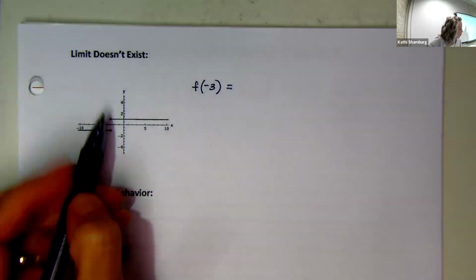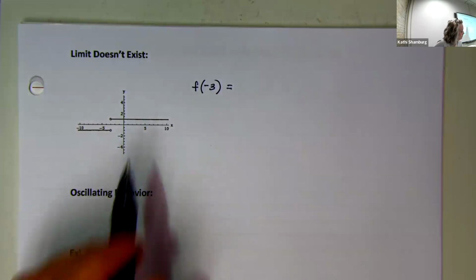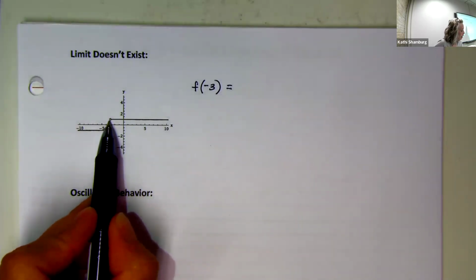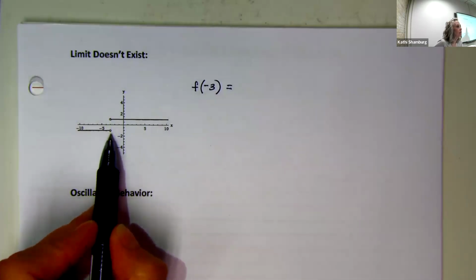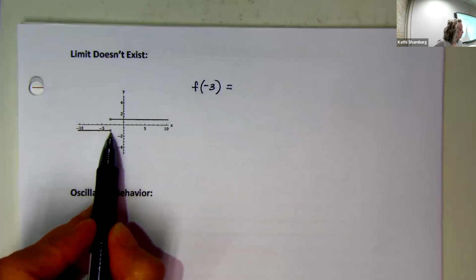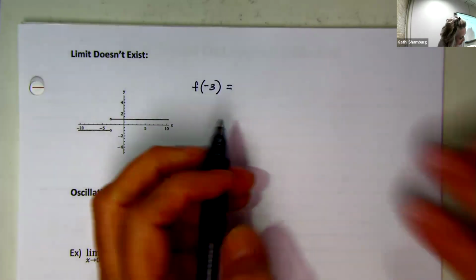Hint, hint, both of these are open circles. I go over -3. Do I have a closed circle or a graph going up or down? Open circle, open circle. What does that mean this answer is? Does not exist.